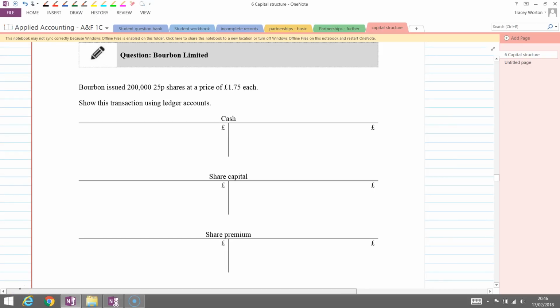So let's have a look at a short quick example. Bourbon issued 200,000 25p shares at a price of £1.75 each, and we've got to show these transactions in the ledger accounts. So we have 200,000 shares and they have a 25p nominal value, and they've been issued at £1.75 each.